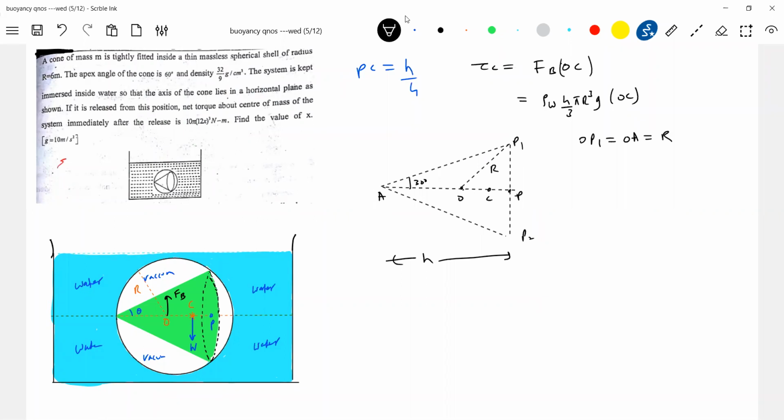So we get an isosceles triangle, so this angle should also be 30. Try to notice the diagram. We know R. If we know OA and OP1, can we find AP1? If we know AP1, from that I'll get AP, and from AP I can calculate CP.